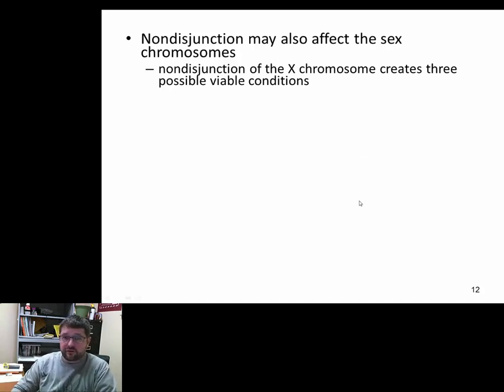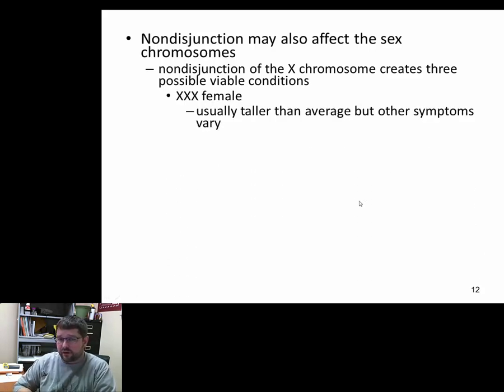But nondisjunction can occur in the X chromosome, okay? And we can get variations. So you can have triple X females, and it depends, again, on what genes are turned on and whatnot, but there's a lot of different symptoms that can occur. Most XXX females are going to be average or above average in height and body mass. So, you know, I don't know for a fact.